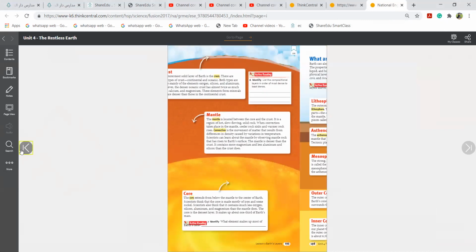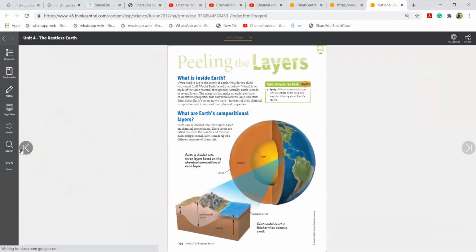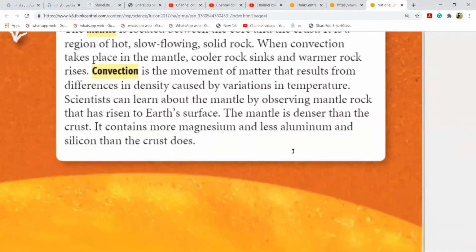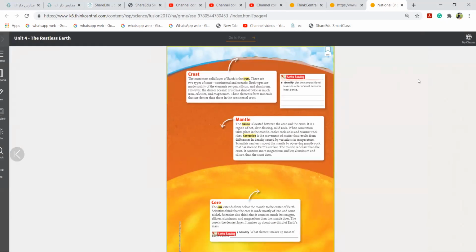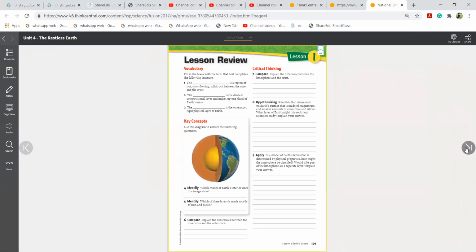The mantle actually is the densest. Mantle is the compositional layer, and most of the Earth is mantle. It is the widest one.